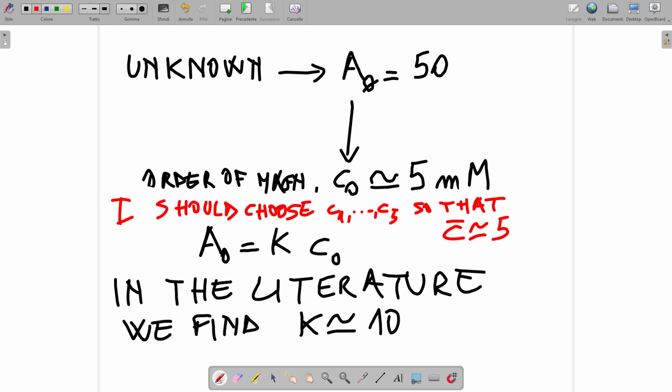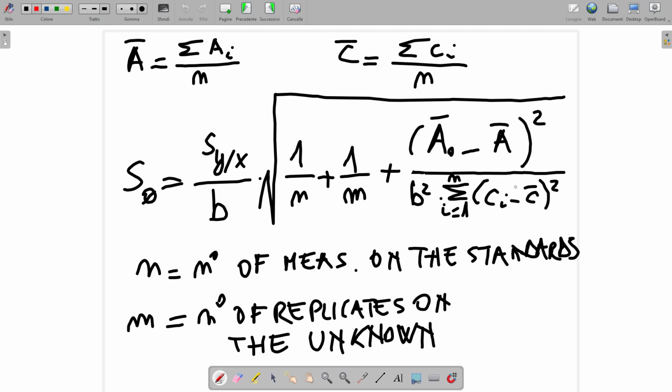So the discussion on the sum suggests to me that C1 is far from C average. Yes, of course.